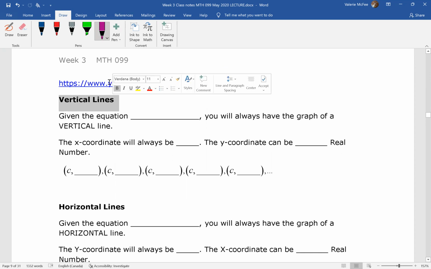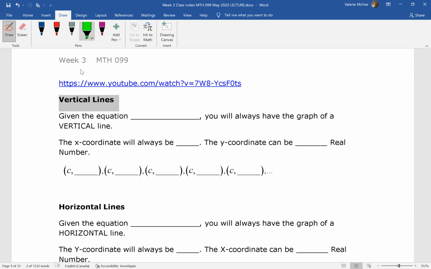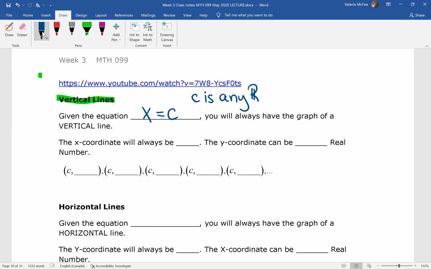So some important information. Not difficult, but people just seem to forget. If we're given some equation, x equals c, where c is any real number, you will always have the graph of a vertical line.